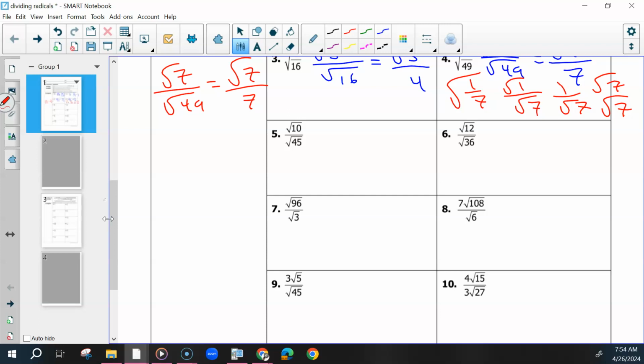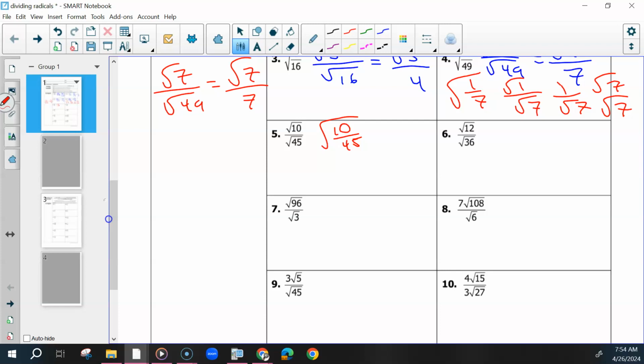So if you see something like 10 over 45, you could change it back to just a whole fraction and simplify, or you can try to simplify both pieces. It's your choice. You do whichever one is easier for you. I'm going to leave this like this because I know the square root of 10 can be simplified more. Using perfect squares, what two numbers could we break 45 into?